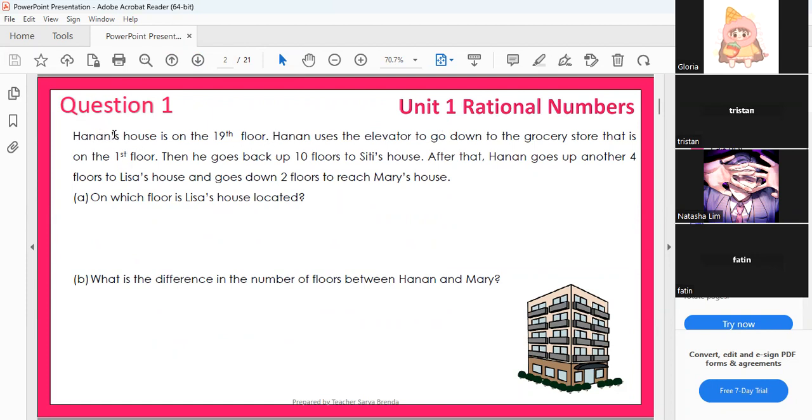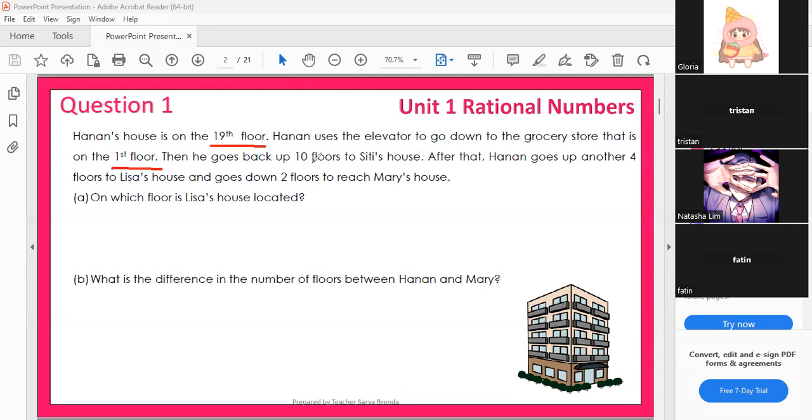So here we go, question 1. Hanan's house is on the 19th floor. Always when you read, have a pencil or a marker that helps you to underline the important information. So 19th floor, important. Hanan uses the elevator to go down to the grocery store that is on the first floor.